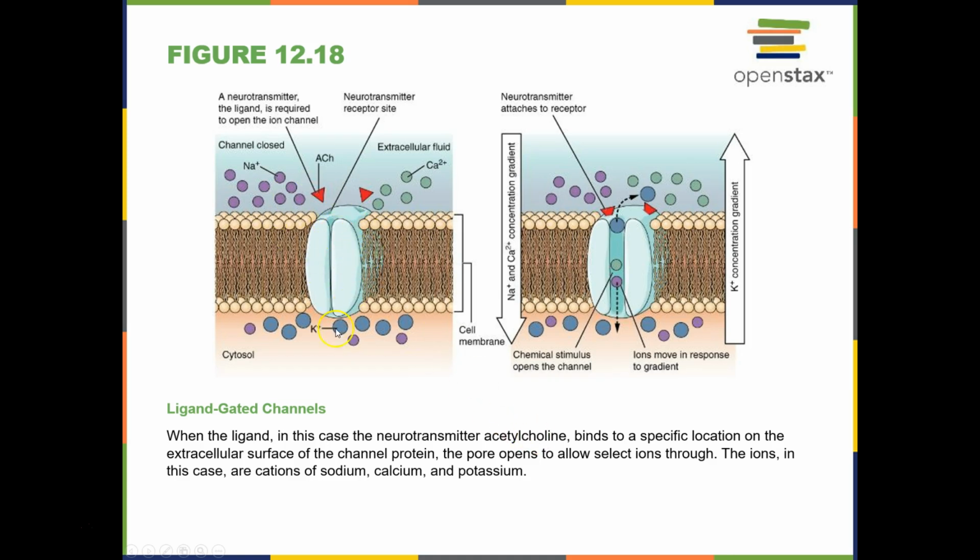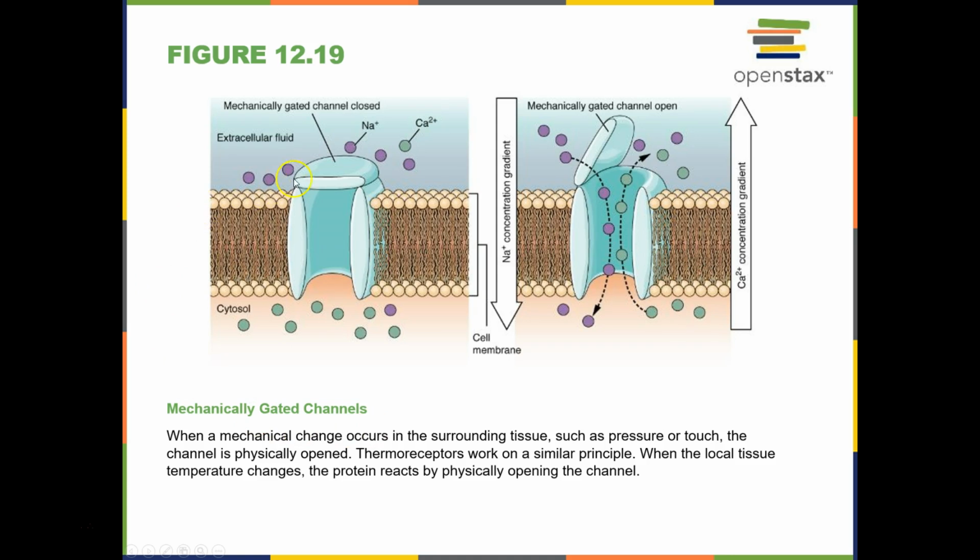Some of the protein channels are going to be closed, and they'll only open when the cell membrane gets stimulated. Acetylcholine can stimulate that cell membrane, and that causes these channels to open, and when they open, they allow ions to pass across. And so we have ligand-gated channels, and then we have mechanically gated channels.